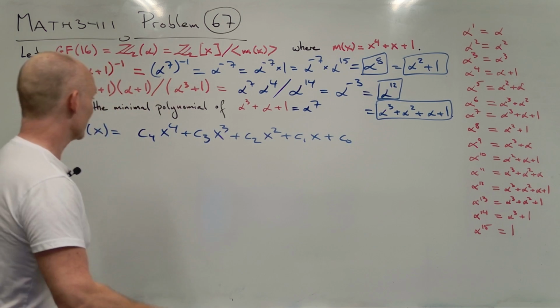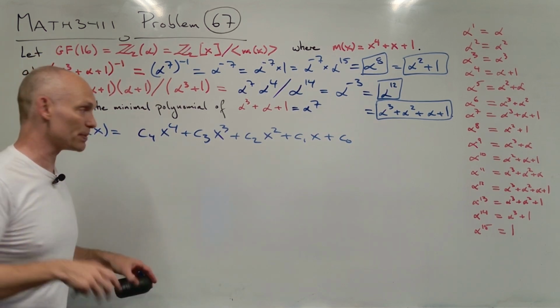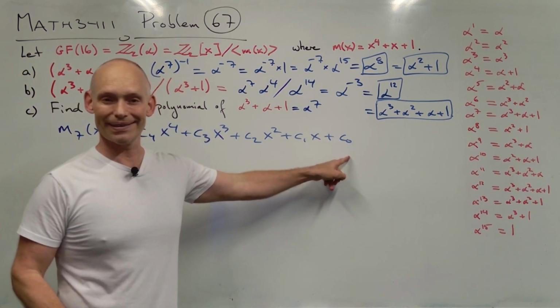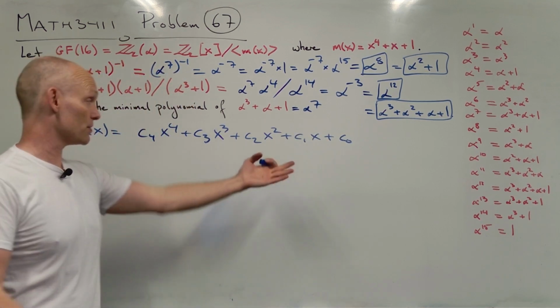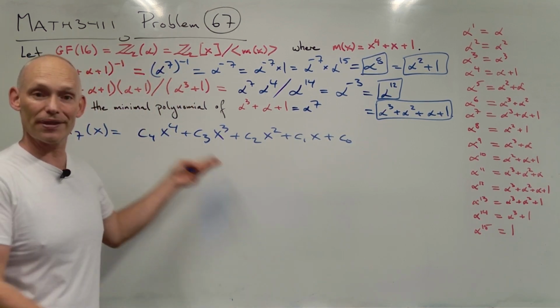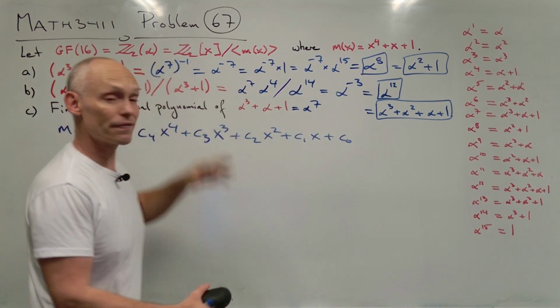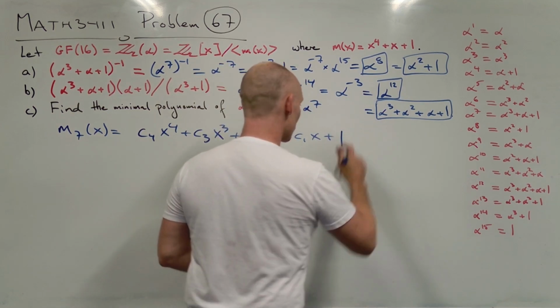Okay, cool. Now we can simplify things just a tiny little bit by saying the coefficient there, C0, the constant coefficient, can't be 0, otherwise this would be a reducible polynomial and therefore not minimal. So this is non-zero. We're talking about binary coefficients, so the only non-zero coefficient that we have is 1.